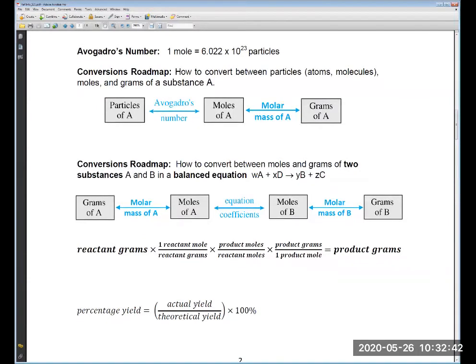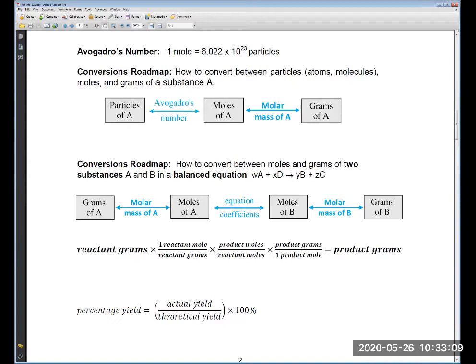And so then the other type of calculations involves two substances that are related by a balanced equation. So let's say you have a balanced equation, and here that would be formula A plus formula D gives B plus C, and then the W, X, Y, and Z are coefficients, right?